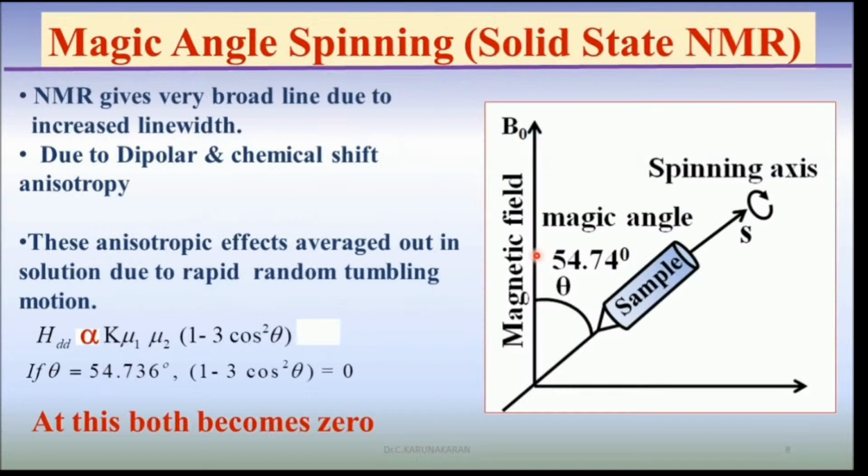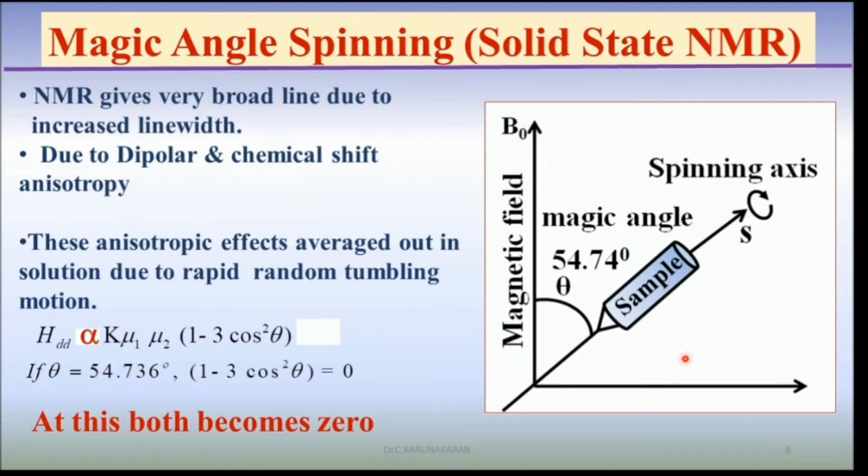Here we will study what magic angle spinning is. It is important only in solid state NMR. In solid state, the compound gives a broad line in the NMR spectrum because of increased line width due to fast spin-lattice relaxation, dipolar interactions and chemical shift anisotropy.